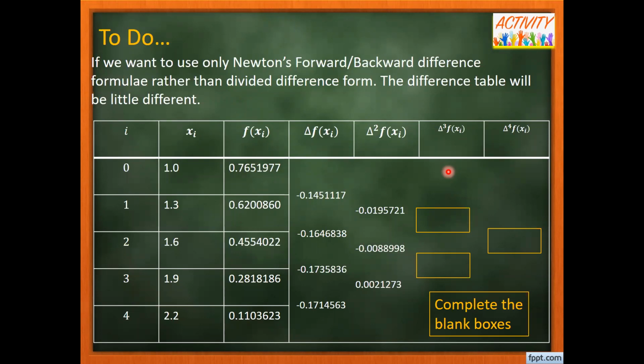So just plug those values and get the answer. Now, what you can do is solve the previous example that we have done for forward and backward divided difference. Do the same examples with Newton's forward and backward difference formula and compare the results.